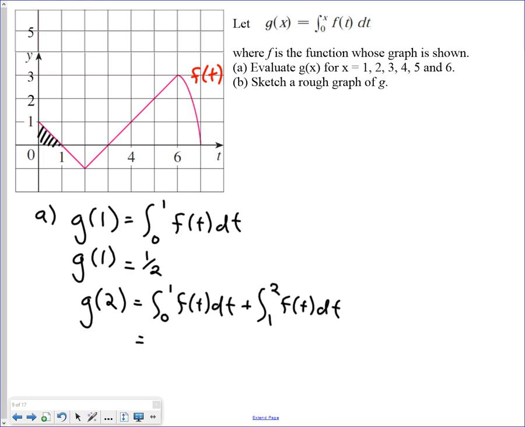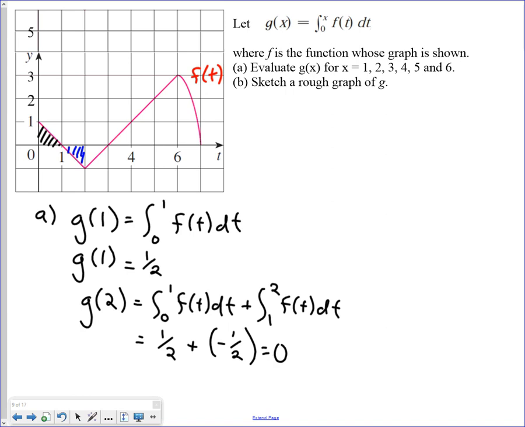Now, we know the first part here, this is just 1/2, and we're going to add to it the region in here between our curve and the x-axis. This has a magnitude of 1/2, that's the size of that blue area there, but because it's underneath the axis, we have to interpret this as a negative area, because f at t has a value that's less than 0 in this interval here. So this area is going to be negative 1/2. We combine them, we get 0.